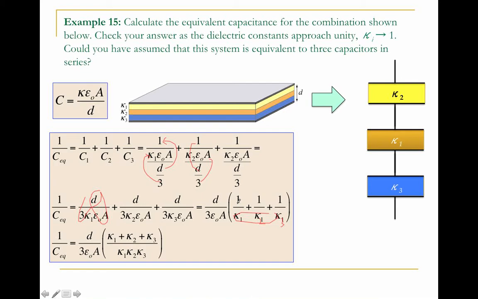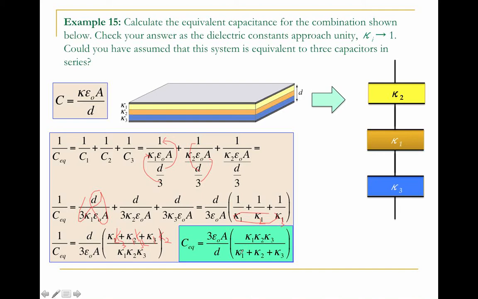So when I put this over the common denominator, remember, there is a mistake here.